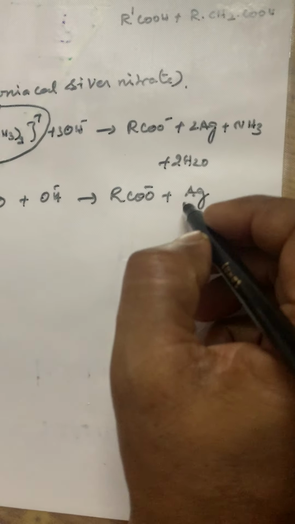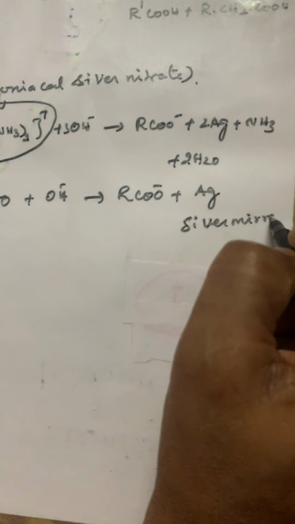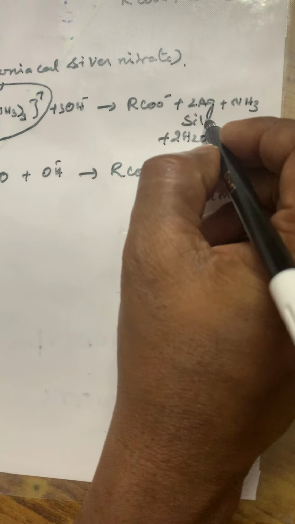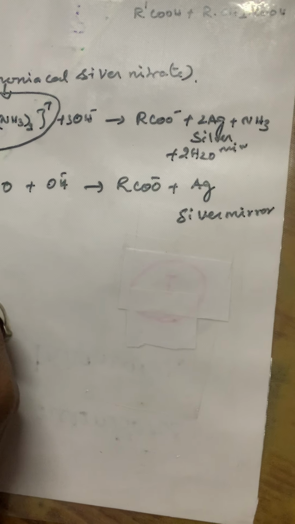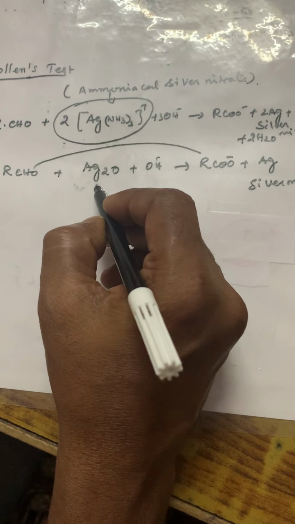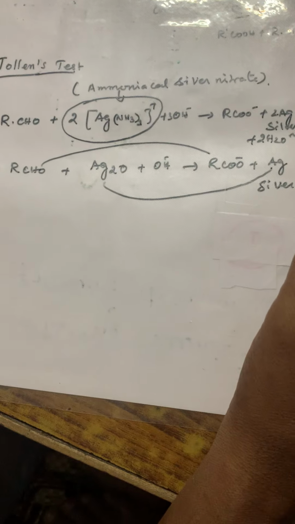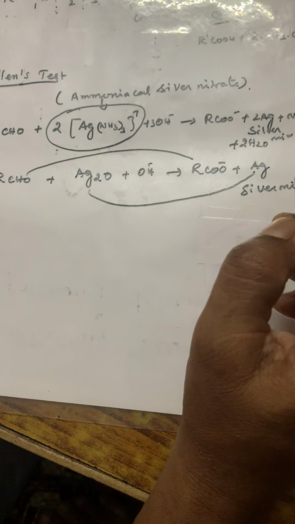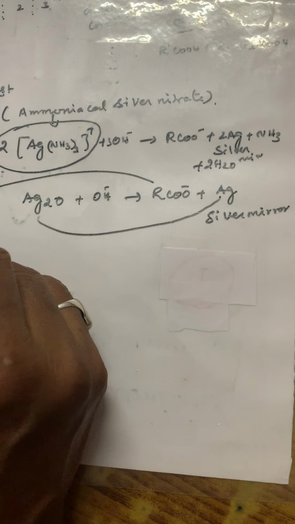This is a silver mirror. Here the aldehyde itself undergoes oxidation, but the Tollens reagent itself gets reduced to silver. This reaction takes place after adding Tollens reagent to aldehyde.